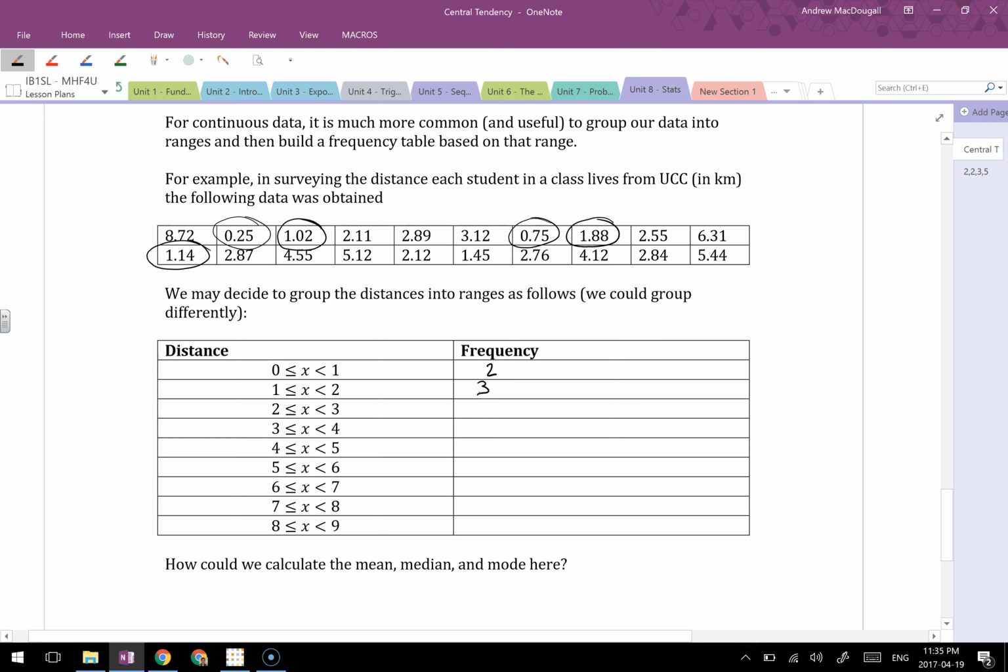Okay, 2 to 3, we've got 1, 2, 3, 4, 5, 6. And I notice that I missed one of the 1 students, so I'm going to change my last one to 4.